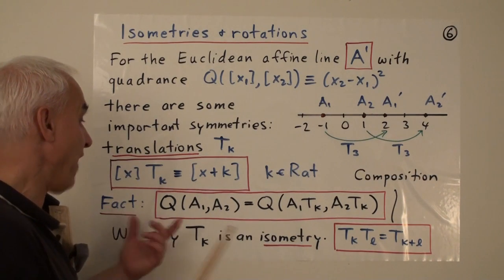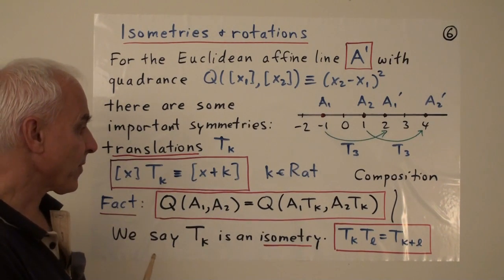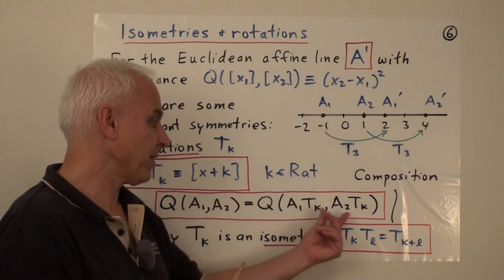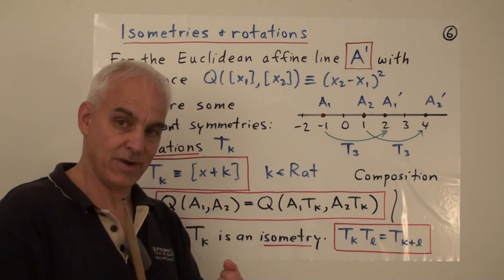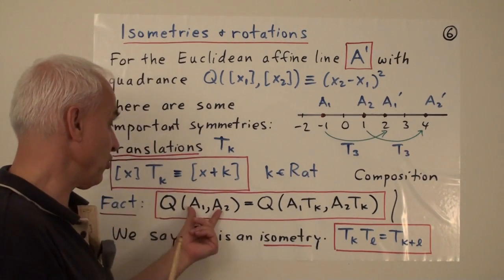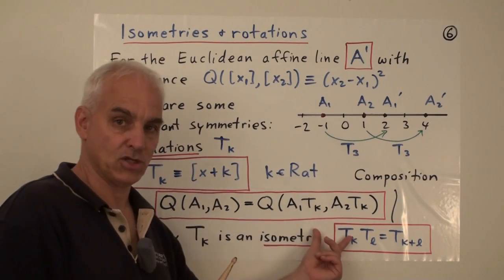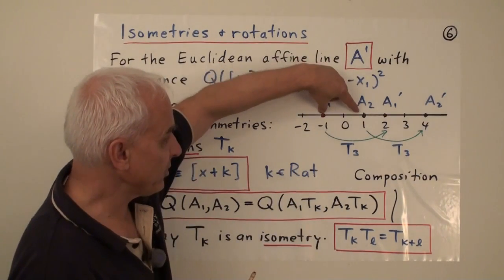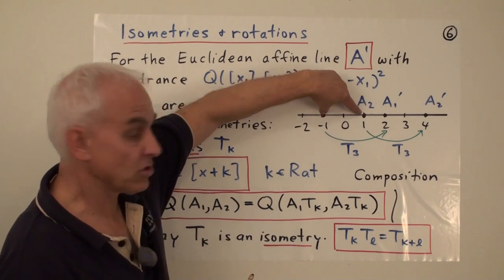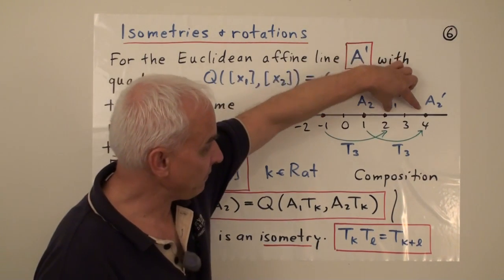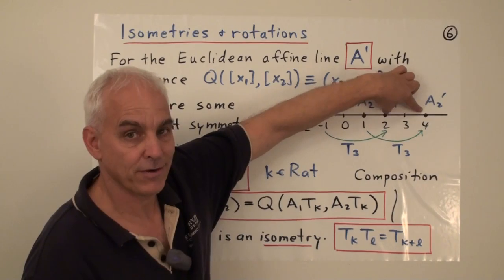And the key fact about this is that when you take a given translation t sub k and apply it to 2 points a1, a2, the quadrance doesn't change. The initial quadrance, which would here have been 2 squared or 4, is the same as the final quadrance, also 2 squared or 4.